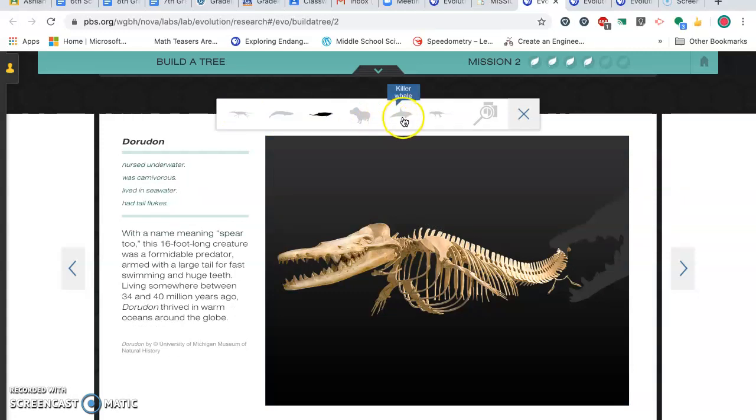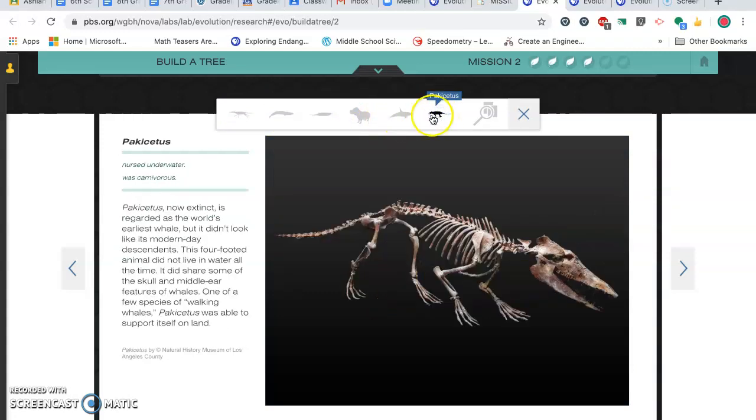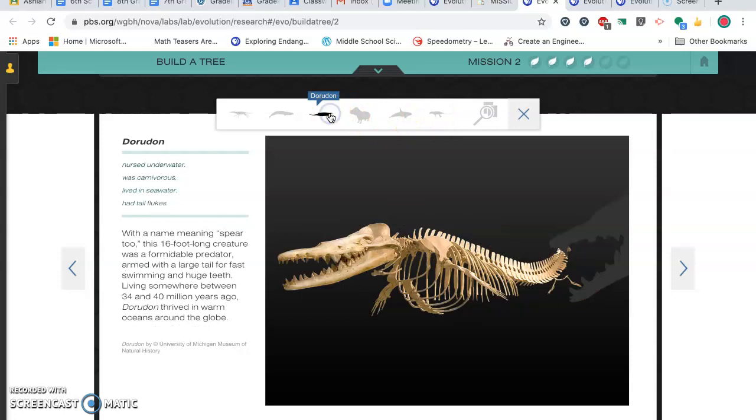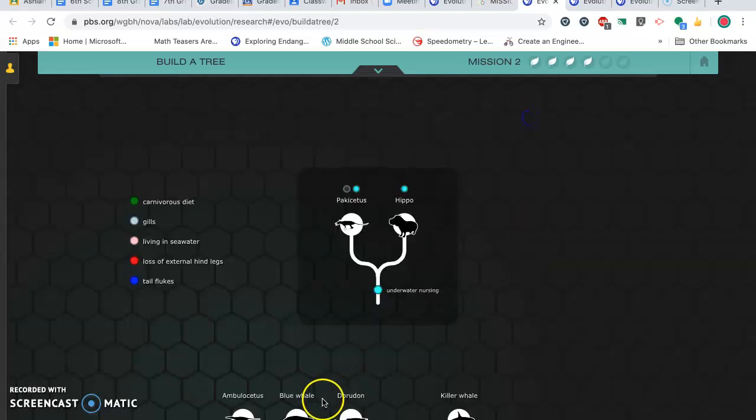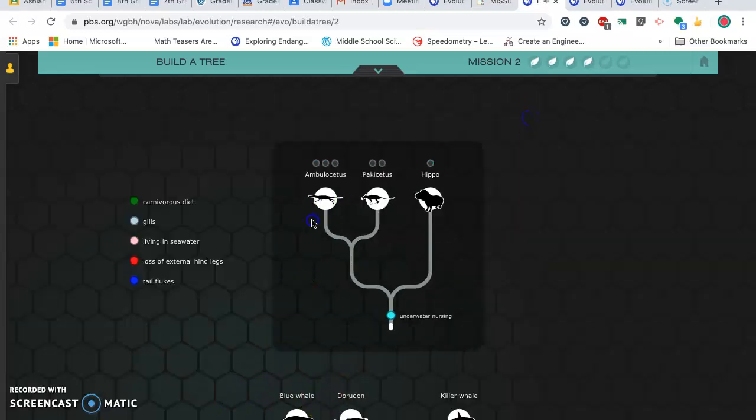The next most simplistic one from this guy is going to be either him or him. He's the Ambulocetus. So I'm going to grab Ambulocetus. I'm going to bring it over here. And what these 2 have in common and what the rest of these will also have in common is they're carnivorous. Hippopotamus is not carnivorous. So now this guy is taken care of.